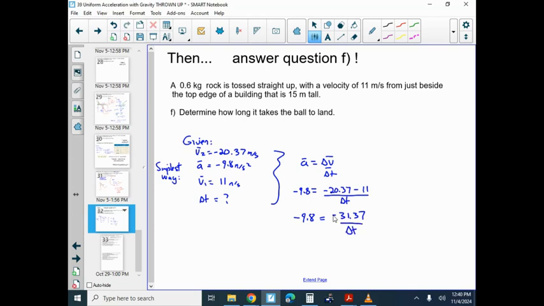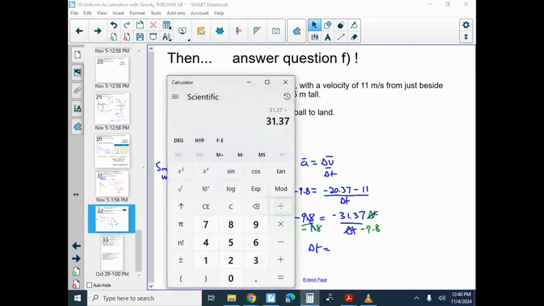And obviously, I'm just going to do the usual: multiply both sides by time, divide both sides by negative 9.8. I don't always just do this in one step on the board, but I think we've done it enough times super thoroughly that we can get away with this. And so really, we're just doing 31.37 divided by 9.8, which gives us that 3.2 number, right?